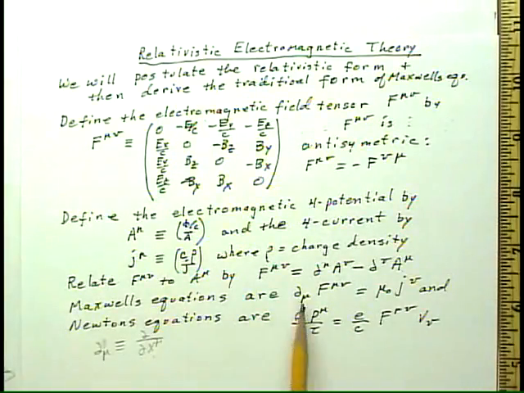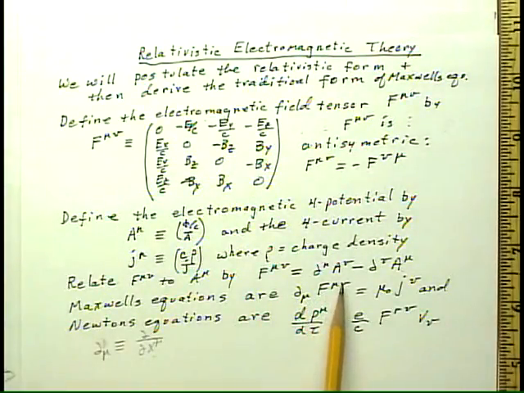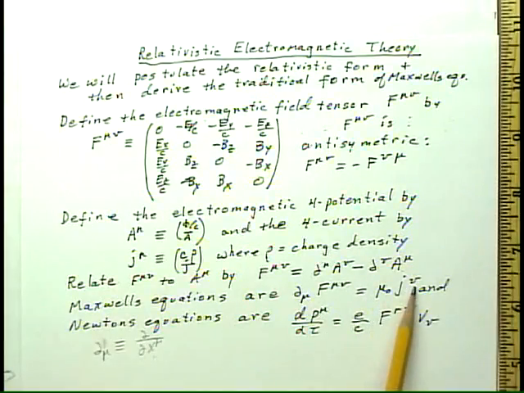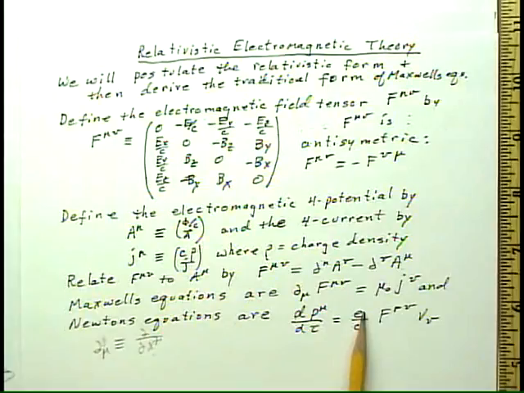We are going to write Maxwell's equations as partial lower mu F upper mu nu, of course there's a summation over mu, is equal to mu naught times J nu. And the equation of motion is defined in this way here, that the time derivative of the momenta with respect to proper time is equal to E, the charge on the electron or the particle, divided by c times F mu nu, velocity in direction nu.